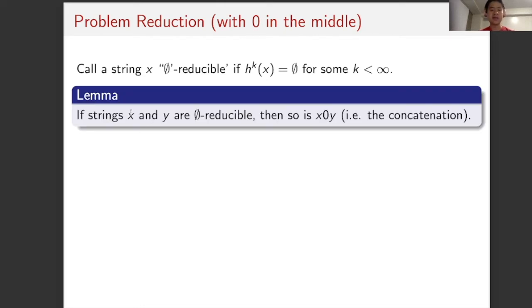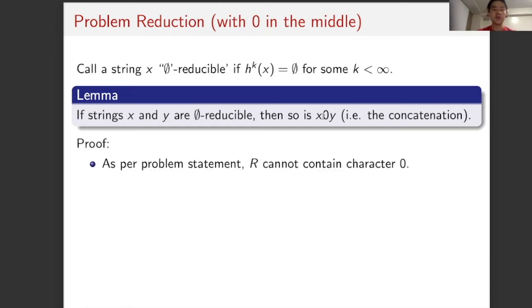So the lemma here is that if x is empty-set reducible, meaning that it goes to the empty set after k iterations of h for some finite k, and the same goes for y, then so is the string x0y, meaning that you concatenate all the digits of x in that order, then insert 0, and then insert y in that order. And how do you show this?